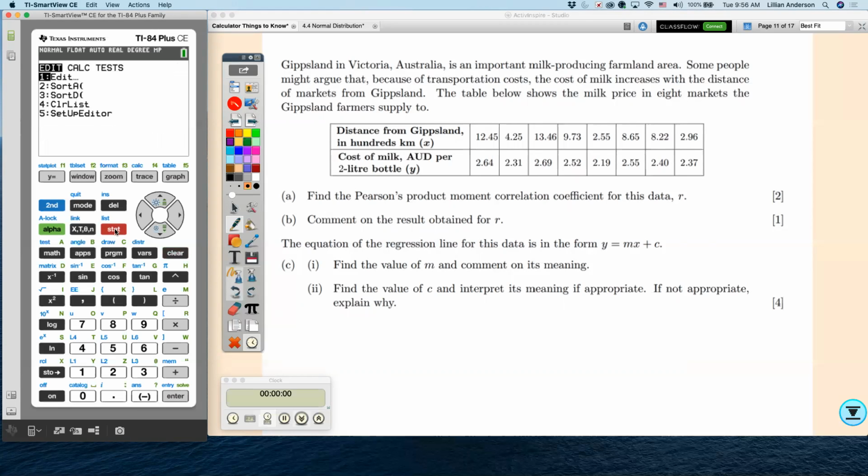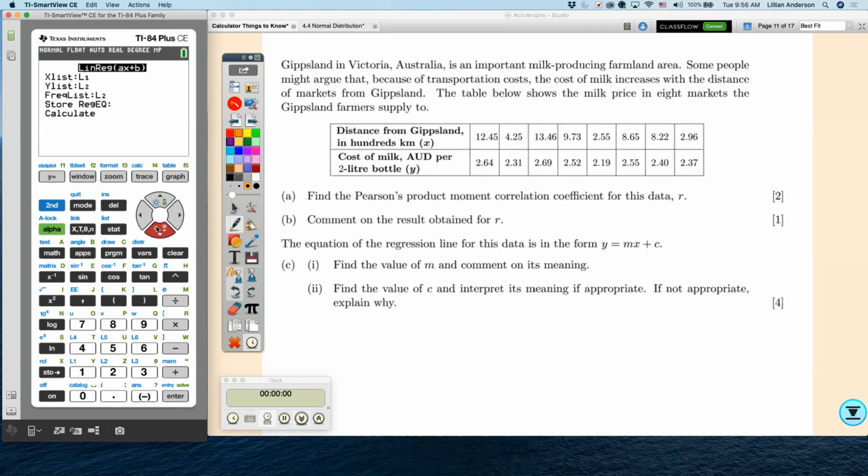Then go back to Stat, over to Calc, and then option 4. Stat, Calc, option 4 is where you get not only your linear regression equation, but your correlation coefficient.